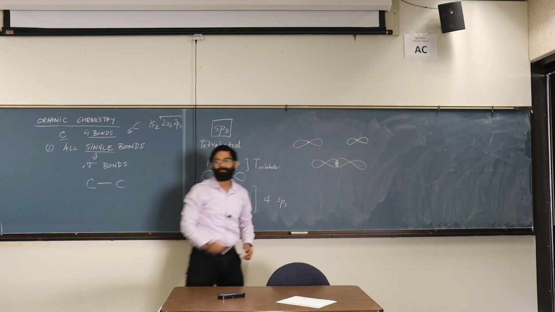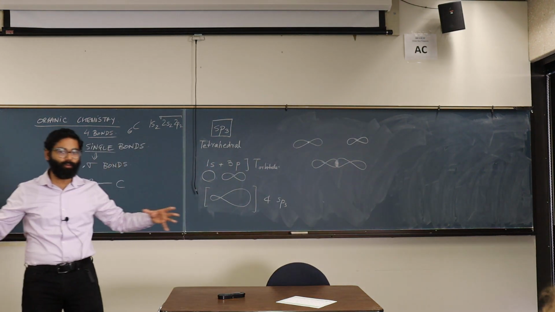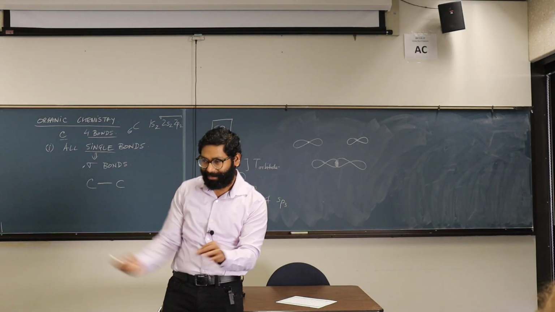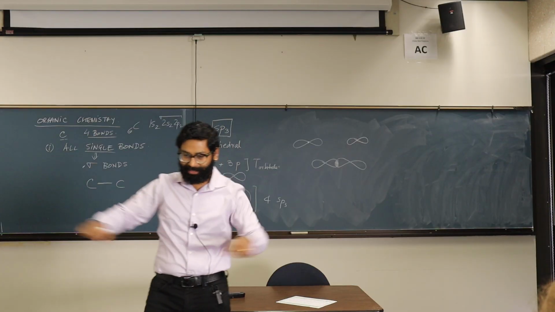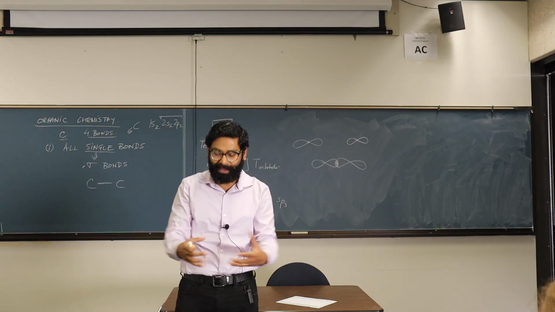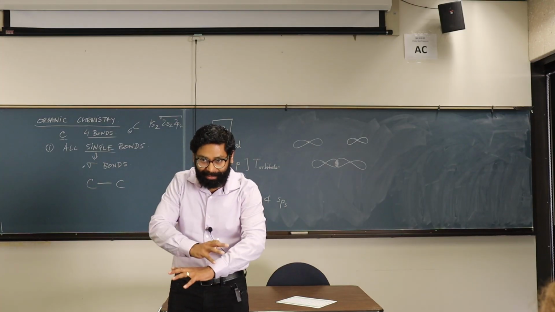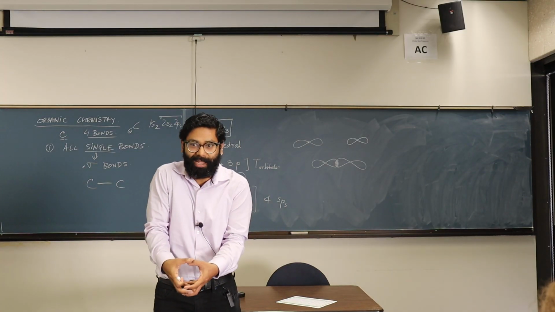This is the bond. Imagine these are balloons and you're pinching in the middle. The shape that it forms is the dumbbell shape. You're taking two of those balloons, bringing them together, and that direct overlap, these two things merging together, that's the bond.